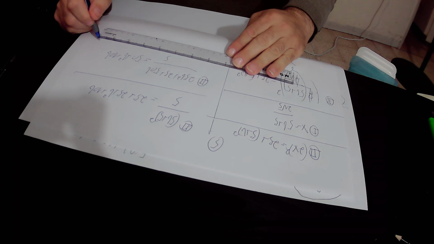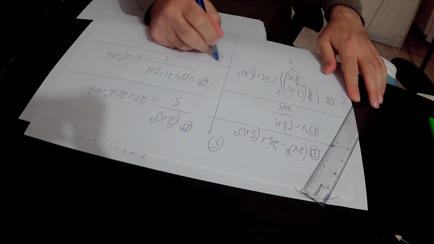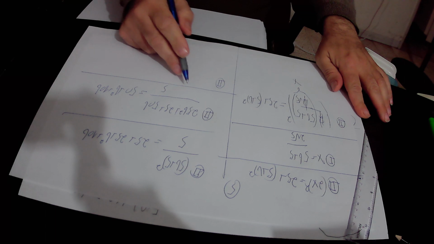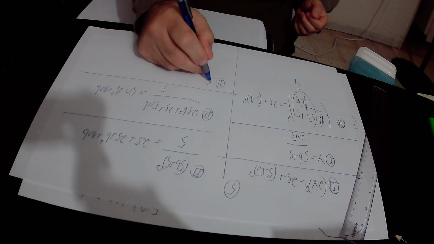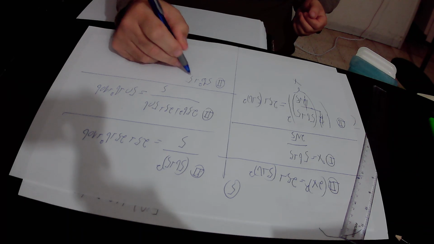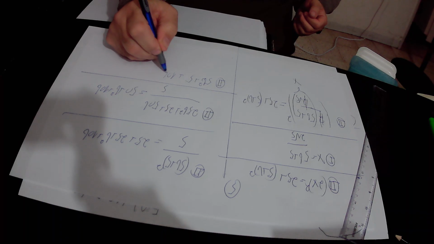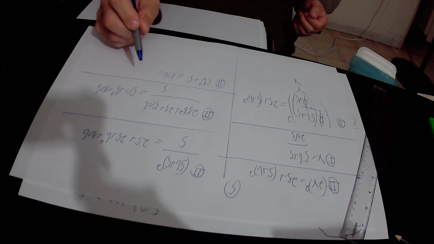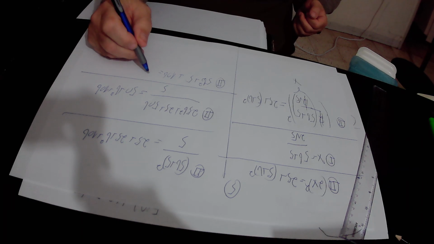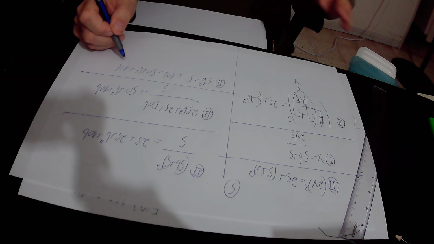So 25b squared over 5 is 5b squared, plus 25 over 5 is 5, plus 50b over 5 is 10b, and it equals, on the other side, 50 plus b squared plus 10b.